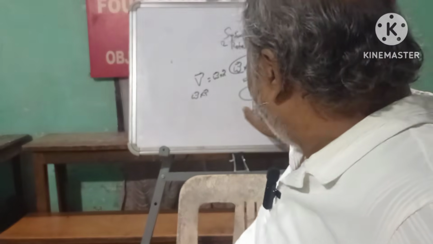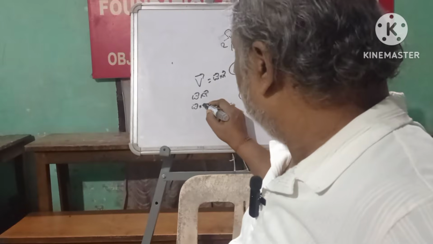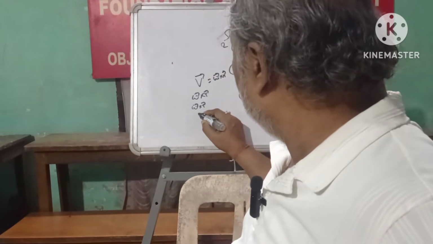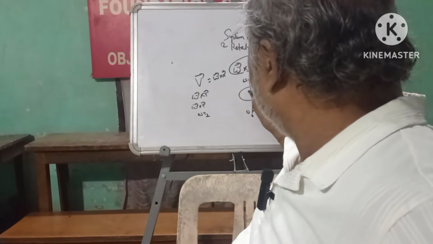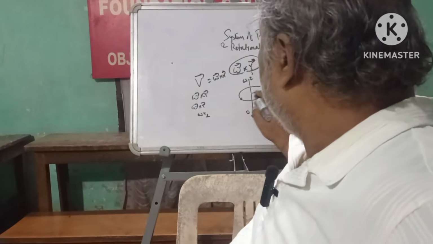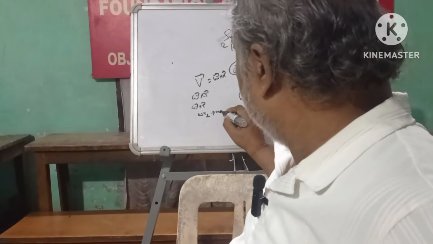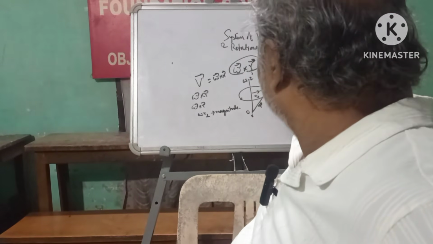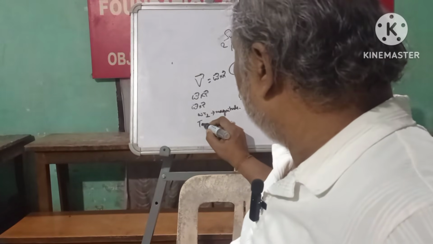Now what is the magnitude of omega cross r? Your magnitude is omega into r perpendicular. This is the magnitude, and the direction is tangent to the circle.